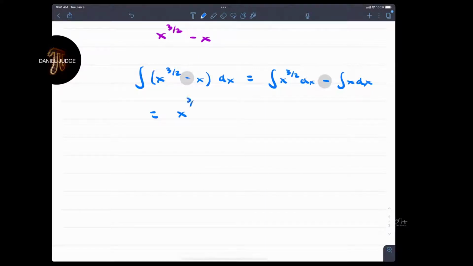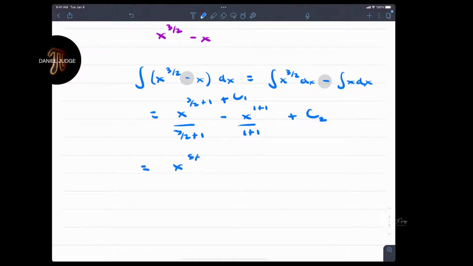Well, that's the power rule again for the first one. The second one is also the power rule. And you might say, do I put plus c and then plus c here? Well, you have two integrals, so you could put c1 and c2.